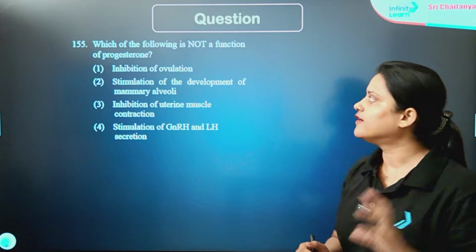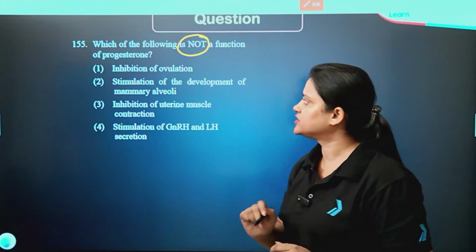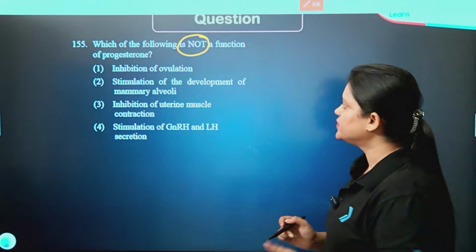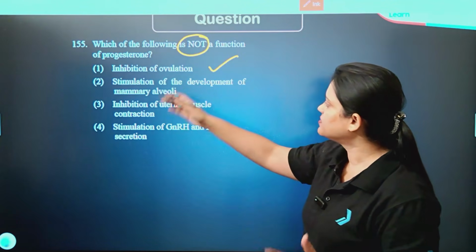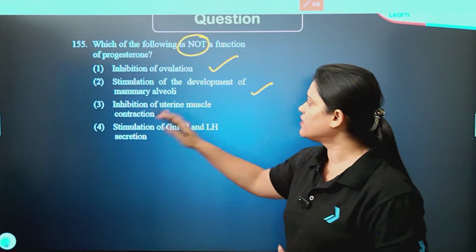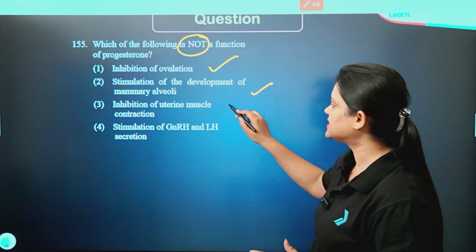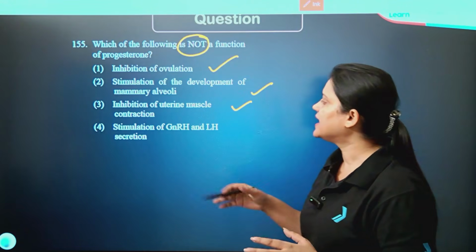155. Which of the following is not a function of progesterone? Inhibition of ovulation. So, progesterone will inhibit ovulation. Stimulation of the development of mammary alveoli, inhibition of uterine muscle contraction, but stimulation of gonadotropin releasing hormone and LH secretion.